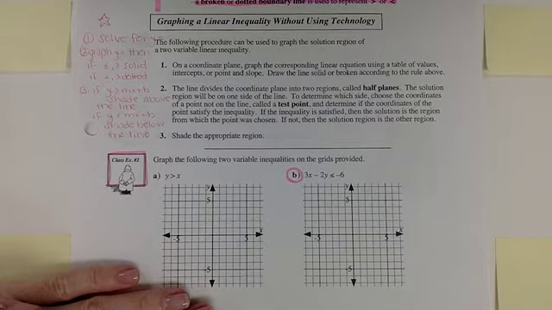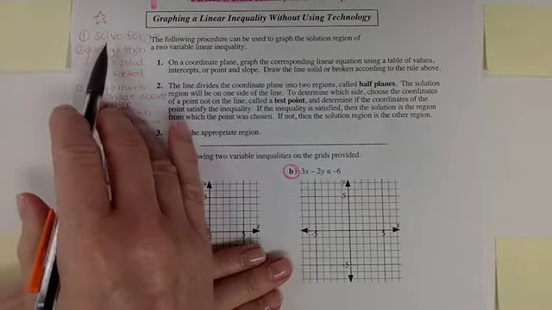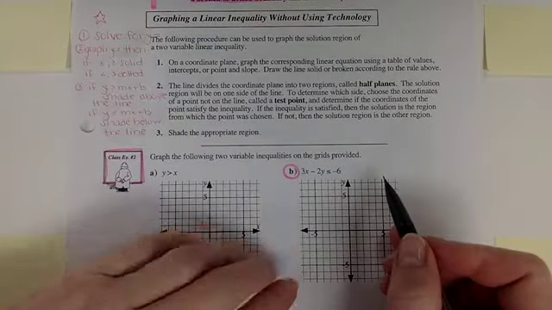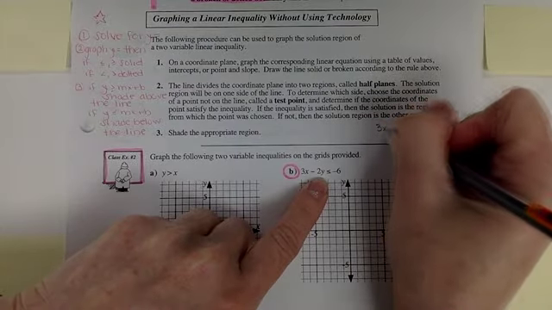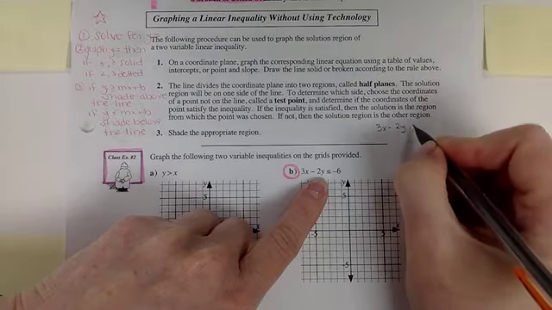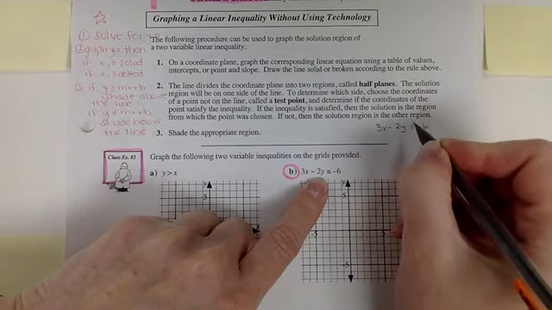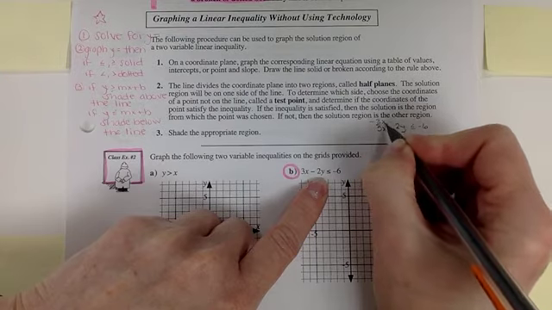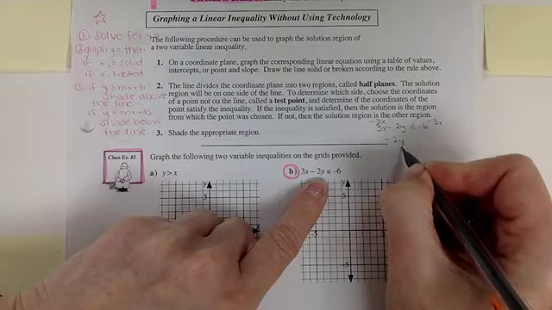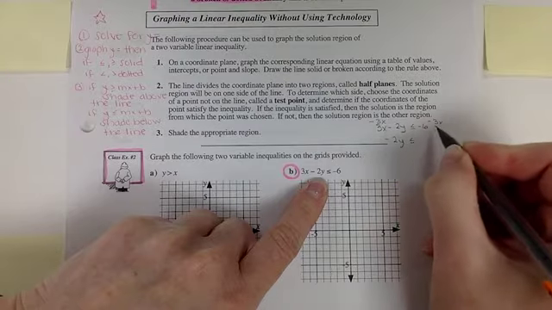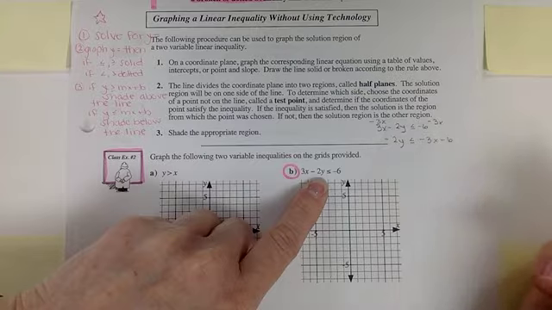And now let's use those to graph here. Number 1 says solve for y equals. So let's do that. 3x minus 2y less than or equal to -6. Minus 3x, minus 3x. Negative 2y is less than or equal to -3x minus 6.